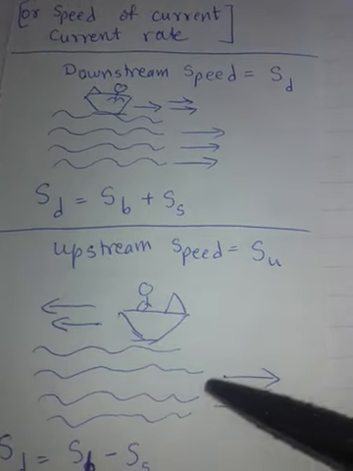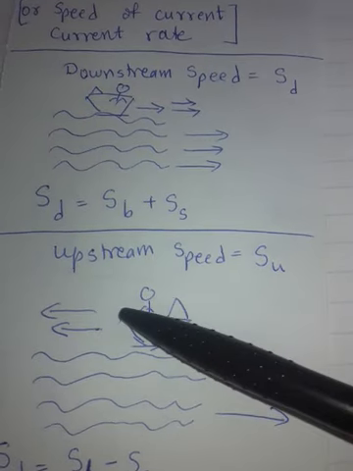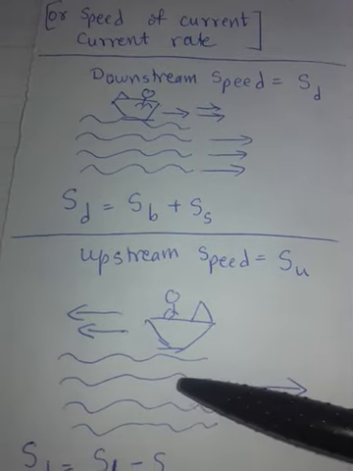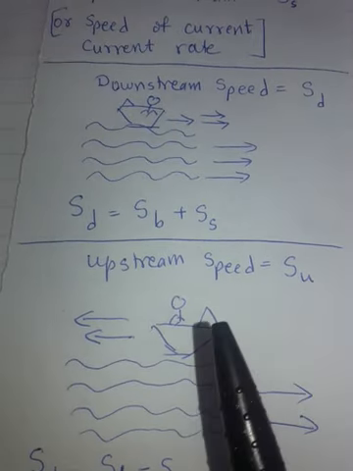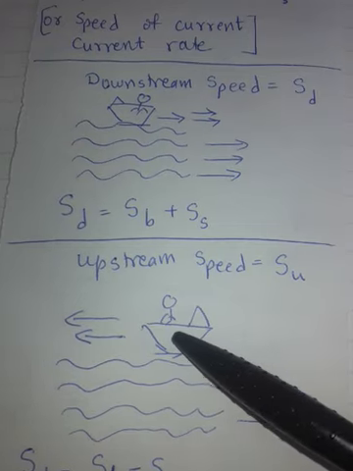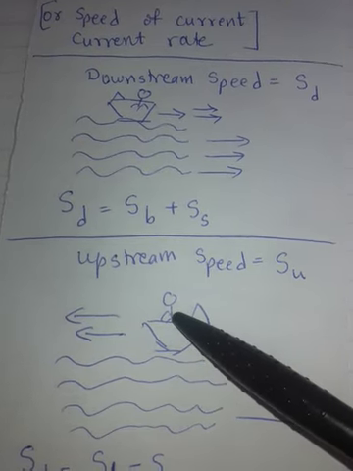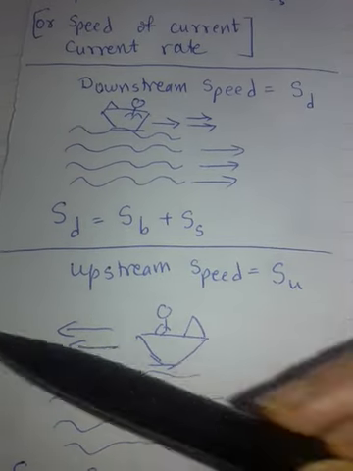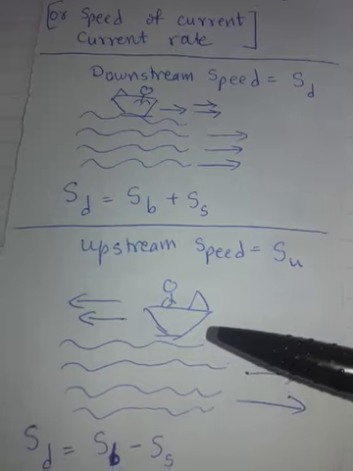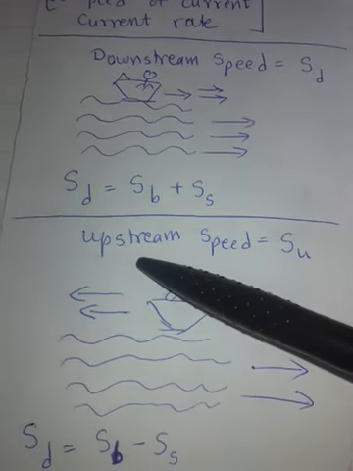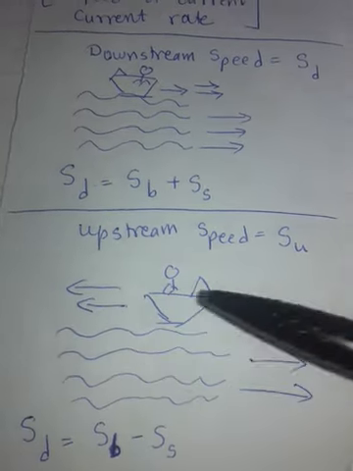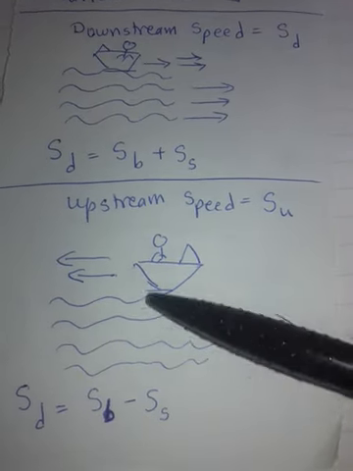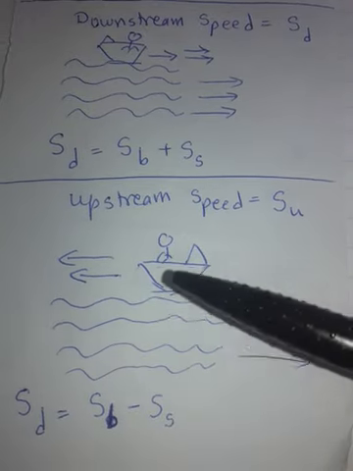Now what happens if the case is reverse? Water is flowing in this direction, but this boat is moving in this direction. Against जा रही है, उल्टा दिशा से. तो क्या होता है? This water resists the boat. It tries to stop the boat, and this man has to row with more strength, उसको ज़्यादा ताकत लगती है रिवर्स जाने के लिए. So this is known as upstream. Speed of upstream: this water opposes the boat and hence speed upstream reduces, कम हो जाती है.